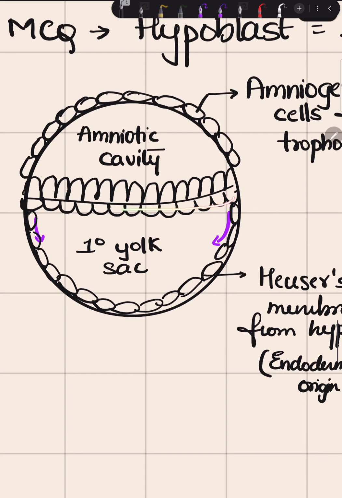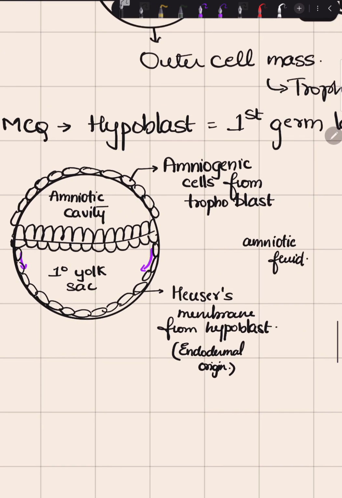Then again there will be a cavity below. Here the hypoblast itself will divide and proliferate, and it will form one cavity. This proliferated layer is called Heuser's membrane. Since it is from the hypoblast, or the primitive endoderm, Heuser's membrane is endodermal in origin.